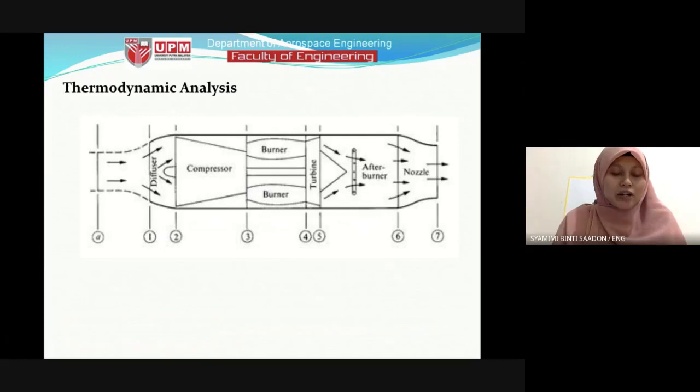This is the schematic diagram of a single spool turbojet engine. The first location, A, is the point of ambient air at the intake, before entering the engine. A is still outside the engine. Then we have the diffuser, 1 to 2.